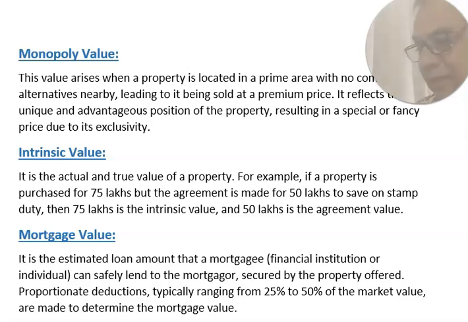In India, in the property market, black money is running. Why are they doing this? Because they want to save stamp duty. Indian stamp duty varies from 5% to 8 or 9%. If you are purchasing a property of 100 lakhs, then with 7% stamp duty, he has to pay 7 lakh.